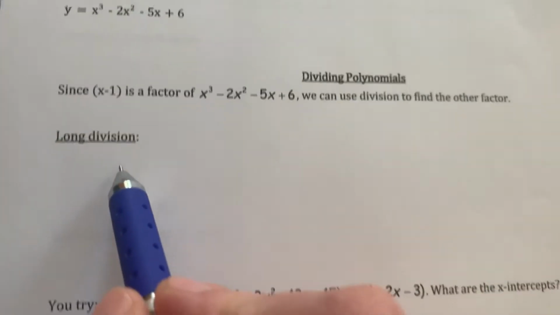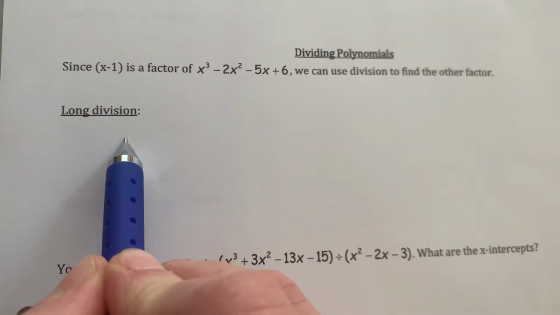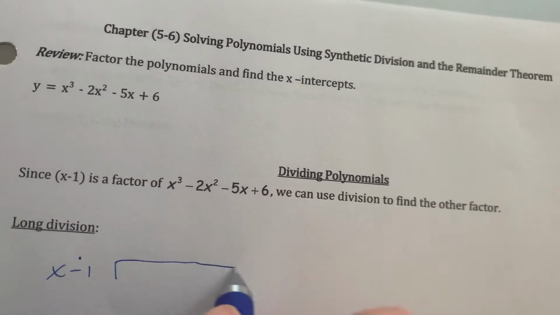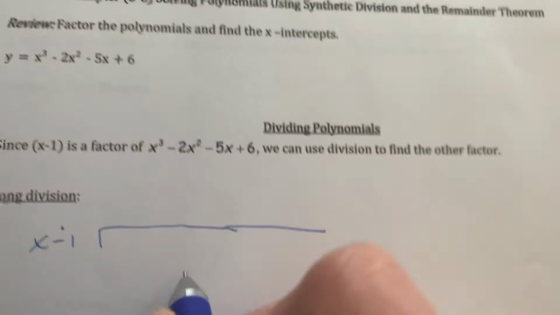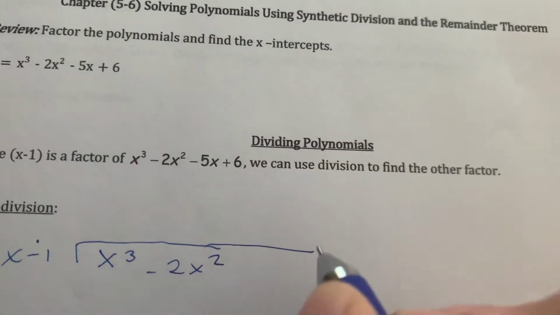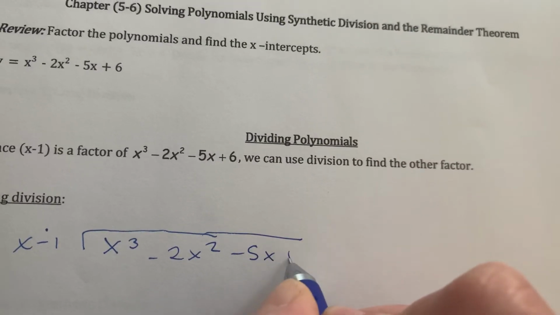So you can use long division to do this. I'll show you long division, which we've done before. So it's x cubed minus 2x squared minus 5x plus 6.